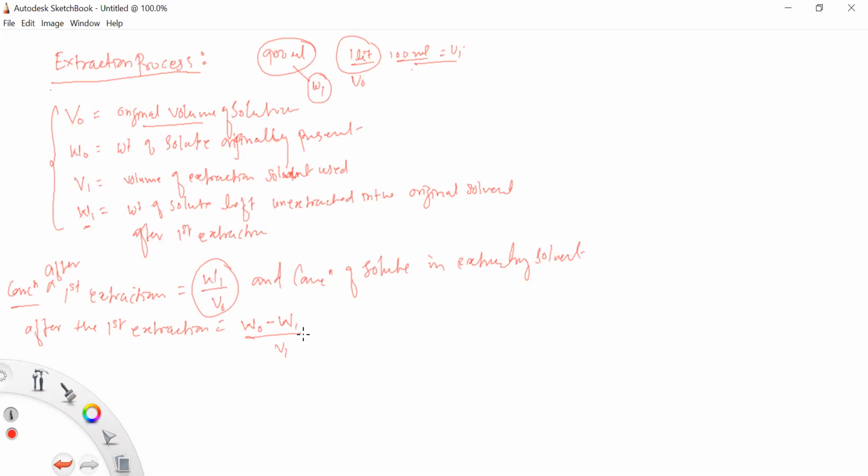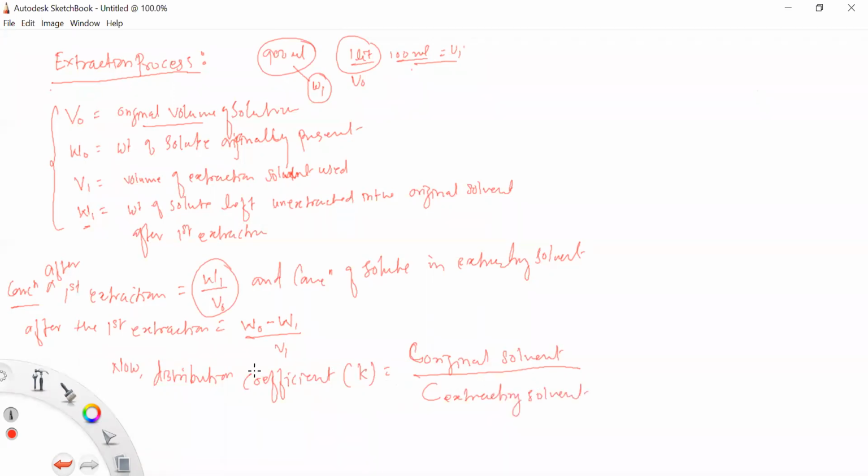Once we know this, it is very easy to derive the equation for the extraction process. The distribution coefficient K is equal to C original, the concentration in the original solvent, upon the concentration in the extracting solvent.